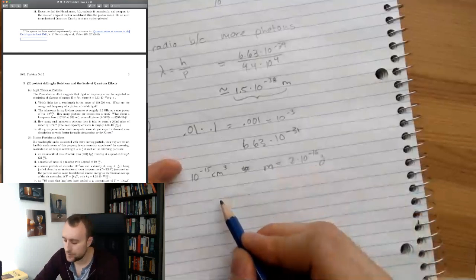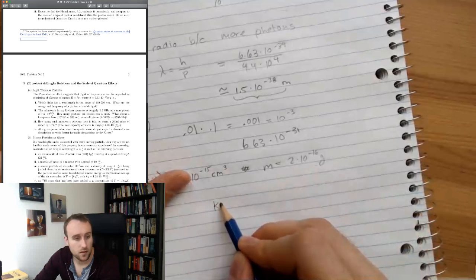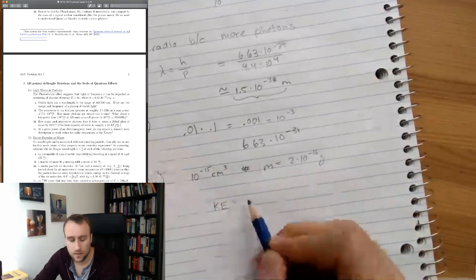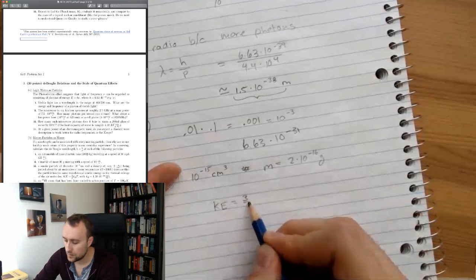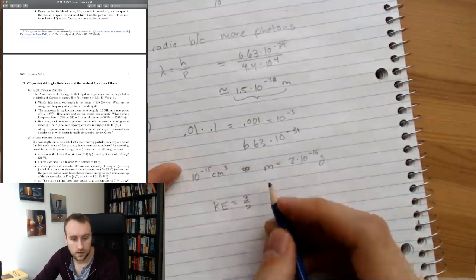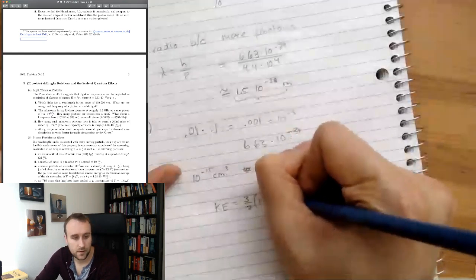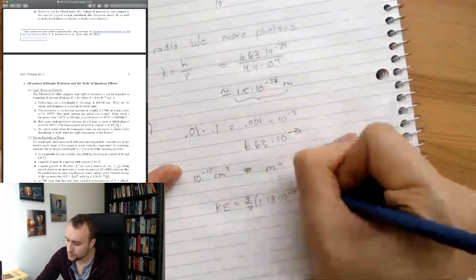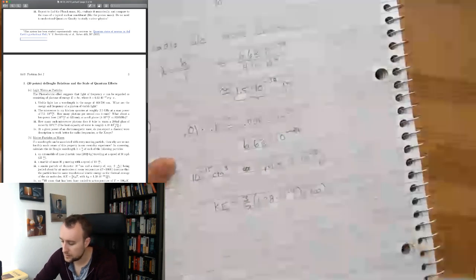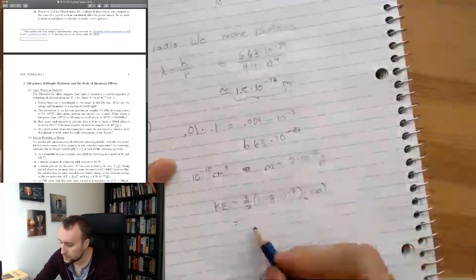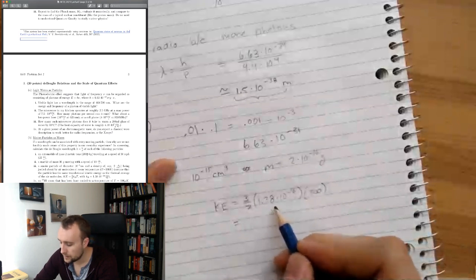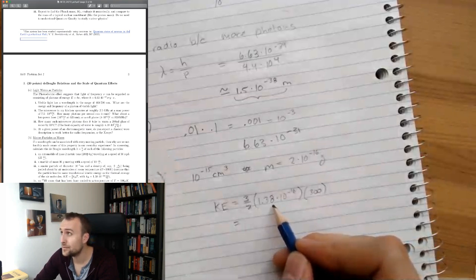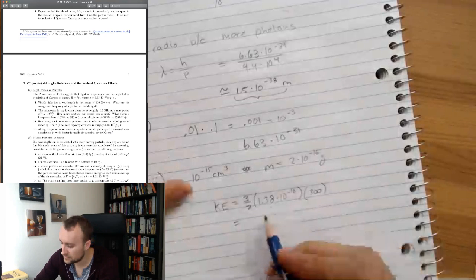So we have KE is equal to 3/2 times 1.38 times 10 to the negative 16th times 300, which is about 450 times this, or I mean, this can be like 600, let's say.